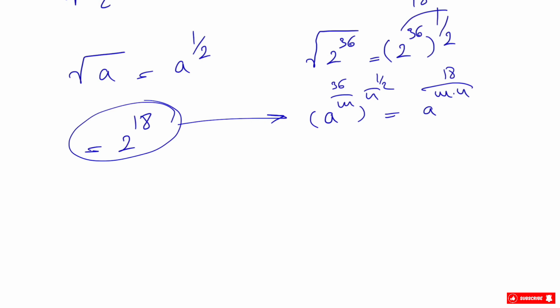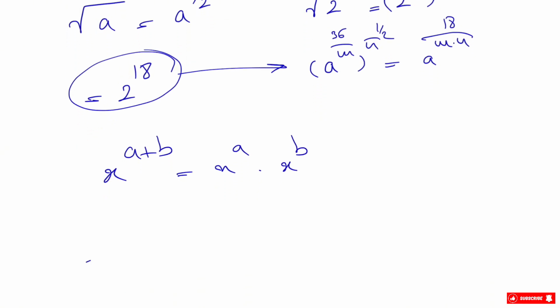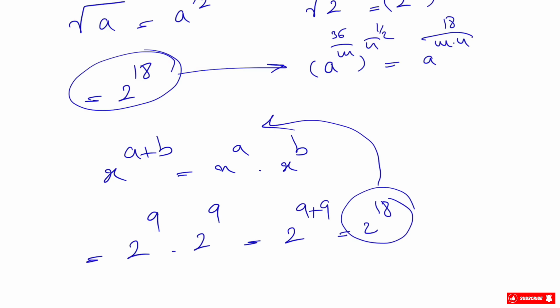And from another law of exponents, we know if we have x to the power of a plus b, this will be equal to x to the power of a times x to the power of b, which means we can write our 18. If we divide that by 2, we'll have 18 divided by 2, 9, and same in here, which is 2 to the power of 18, and what we have at the beginning.